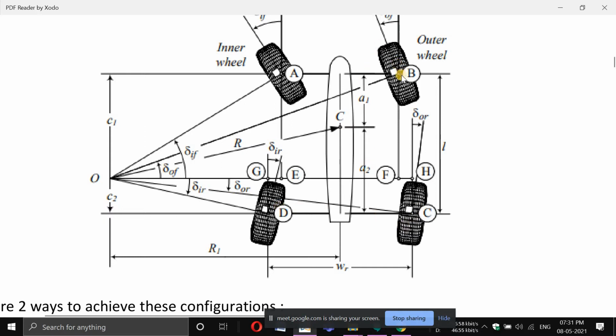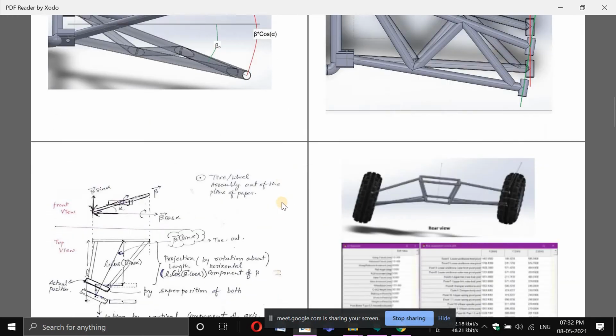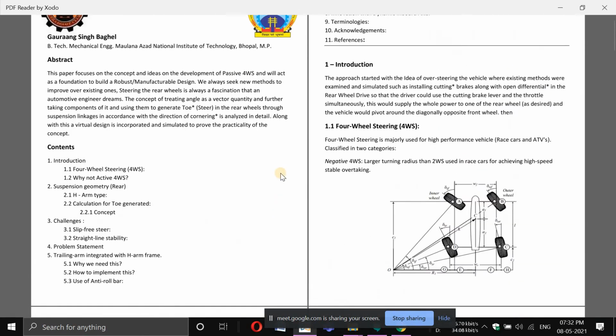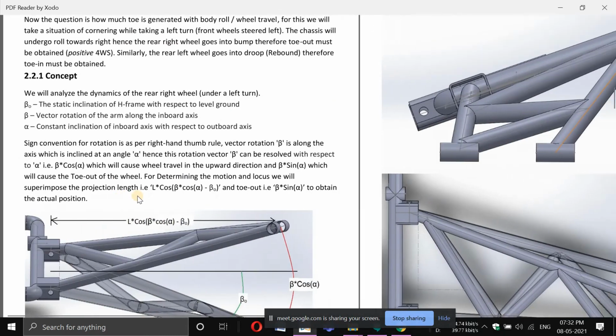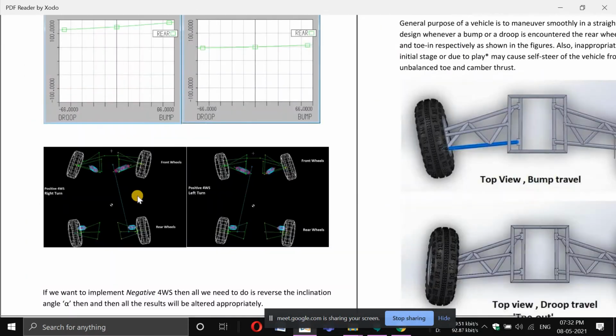All the tire plane normals should intersect at one point O, which is generally not the case with four-wheel steering. We have seen that Ackerman and non-Ackerman steerings are designed in such a way that the front wheel normals intersect at a single point, but in four-wheel steering it is a bit more challenging. So I have no resolution that the steering will be without any skid. Tire wear will occur, of course, because in my design none of the normals were intersecting at a single point. So this was the issue.